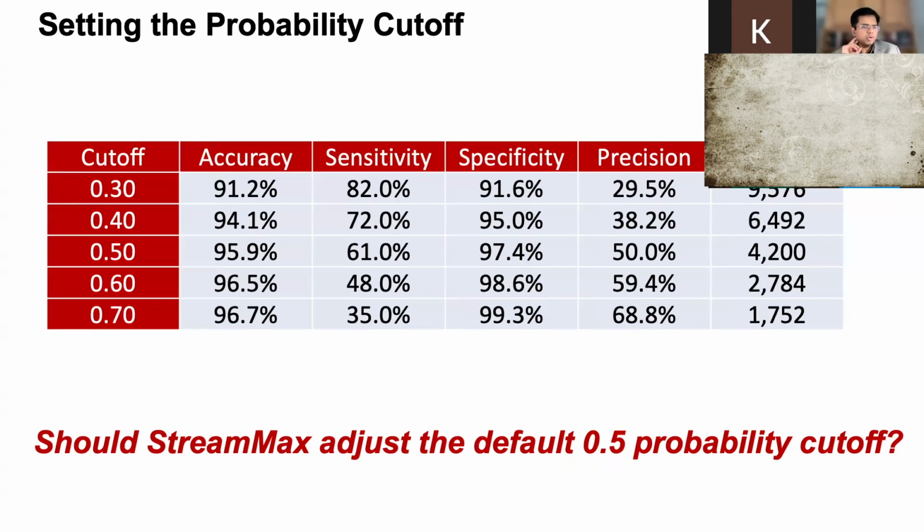Would you go lower than 0.5 or higher than 0.5? Because going higher would have some implication, going lower will also have some implication, right? We just discussed that. So would you go lower or higher?